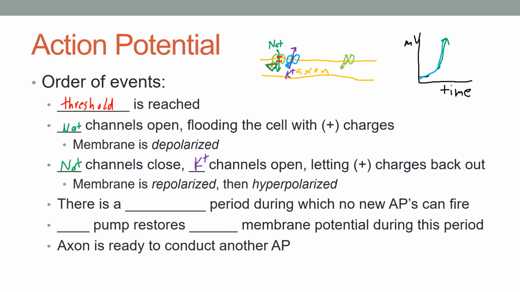As you know, potassium is positively charged, so as positive charges leave the cell, we're going to fall back initially to where we had started, and then we actually fall a little bit further until the cell is what we call hyperpolarized. Then there is our refractory period.